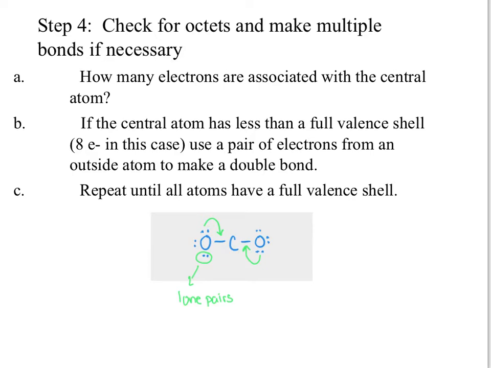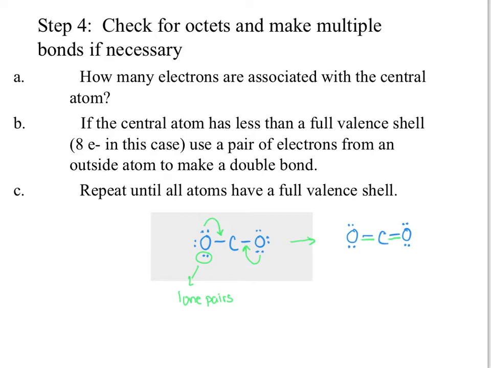So if I redraw this, now I have what I had before, but now this oxygen only has 2 lone pairs because I've taken 2 of those electrons and moved them in to make another bond with the carbon on both sides.